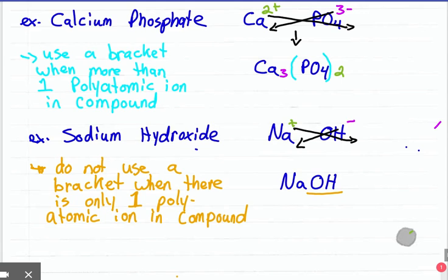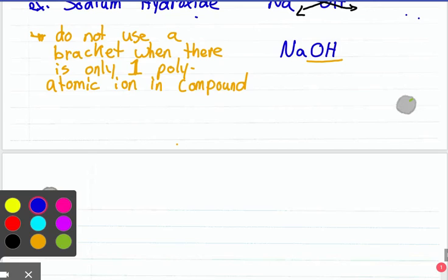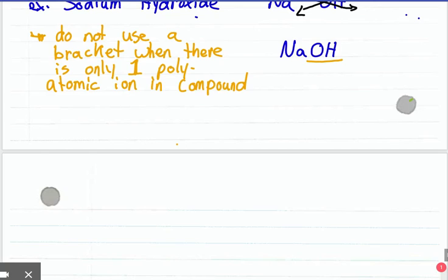Our next example, we're going to do something that has a multivalent metal. Actually, a backtrack, we're going to do lithium chlorate first. What am I doing?